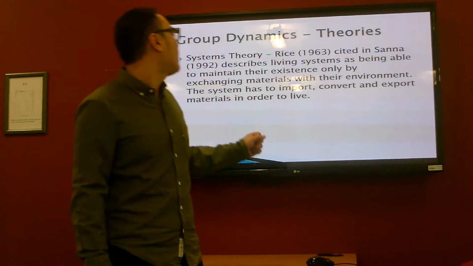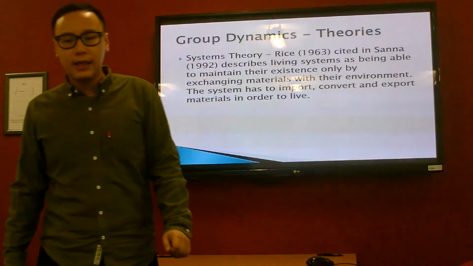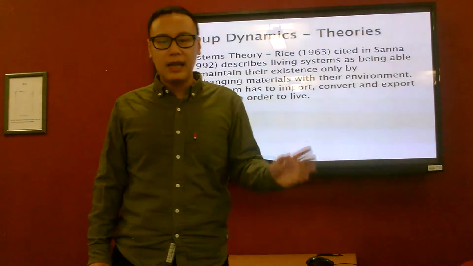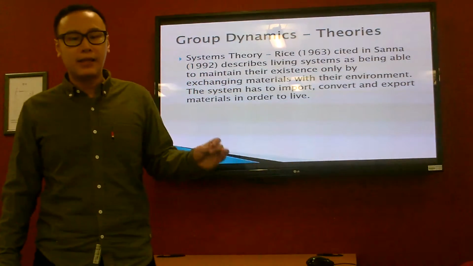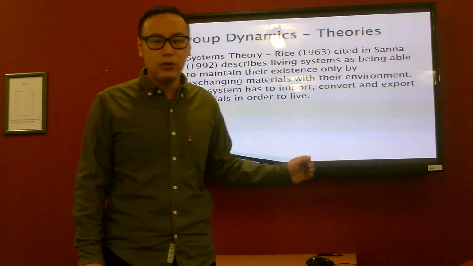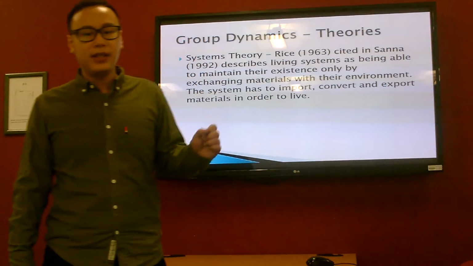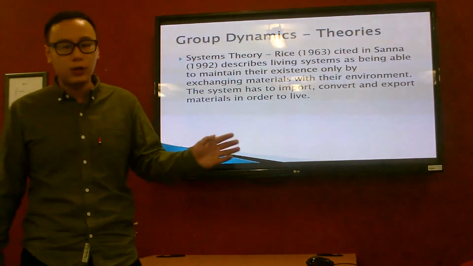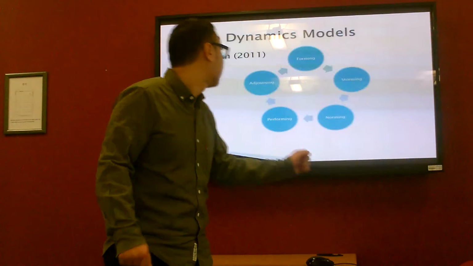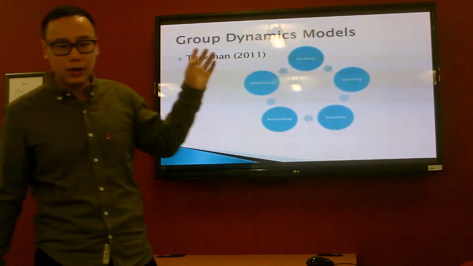Then, systems theory. Rice and Sana describe living systems as being able to maintain their existence only by exchanging material with the environment. The system has two important functions: to convert and import material in order to live. And this is the group dynamics model.